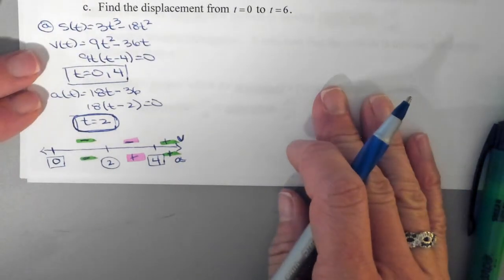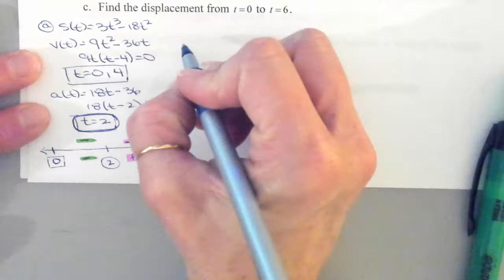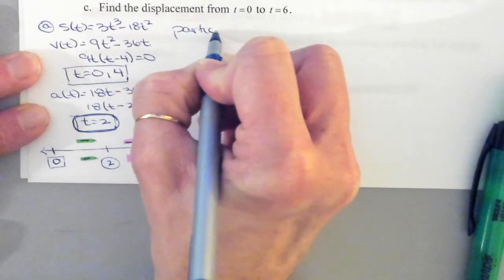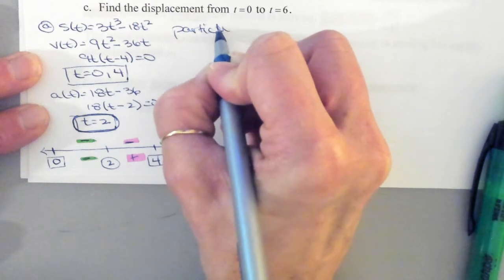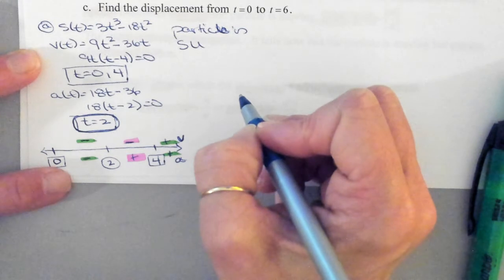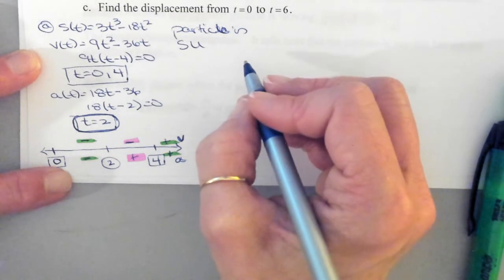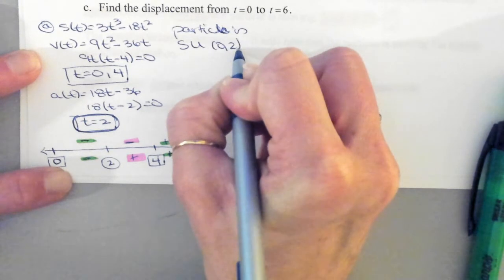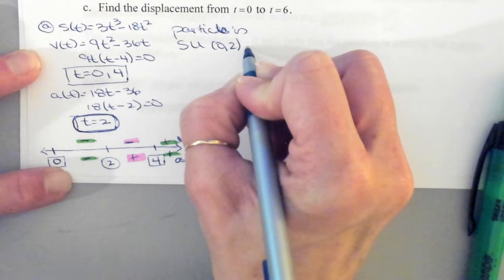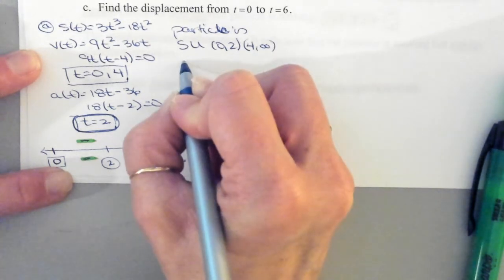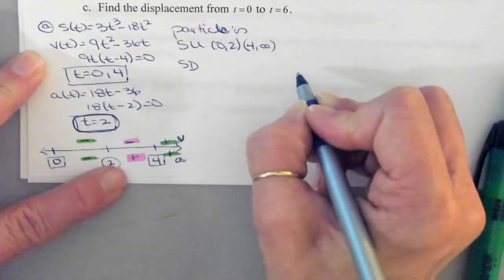So when I'm answering the question in part A, I would say that the particle is, and let's use SU for speeding up, from 0 to 2 and 4 to infinity, because we don't have an end, and slowing down from 2 to 4.